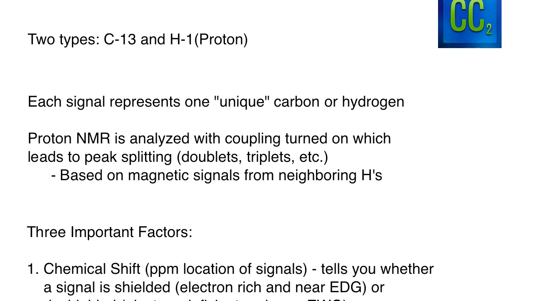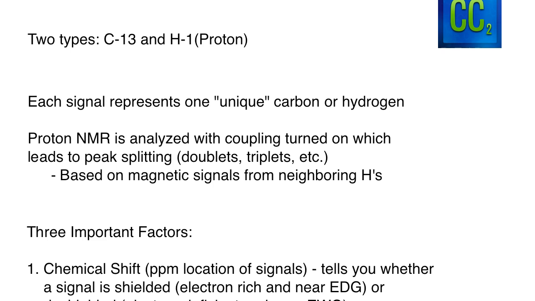However, every time you count one of those signals, they are each going to represent 1 unique specific type of that atom. So if I have, for instance, a carbon NMR that shows 6 carbons, that means I have 6 unique carbons. I may have more carbons than that in my structure. However, 6 of them are going to be unique from one another.